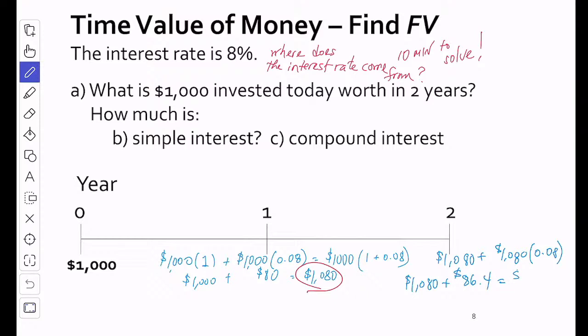So you saw that you got this number very easily. So after 2 years of accumulation, leaving the principal amount in there and the interest in there, each time you're getting a little bit more.